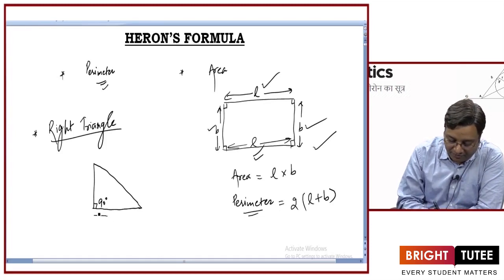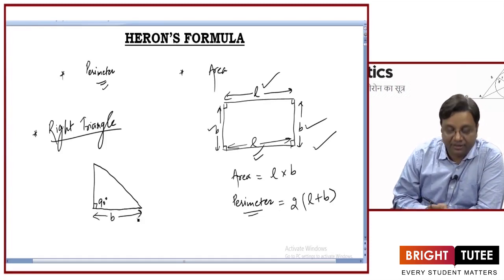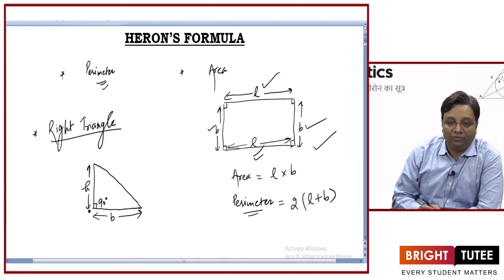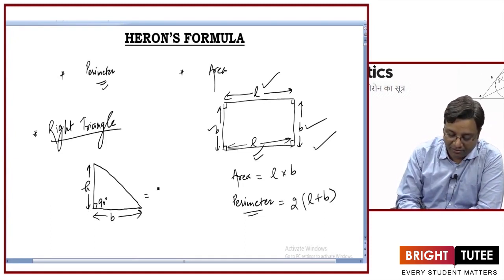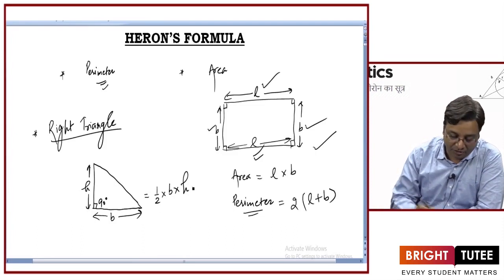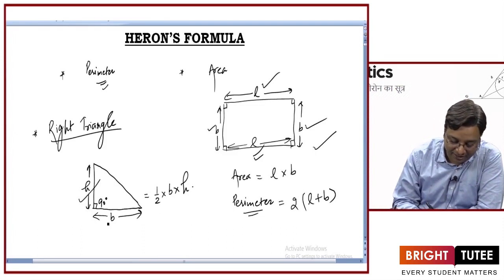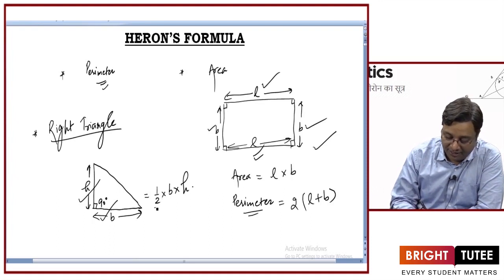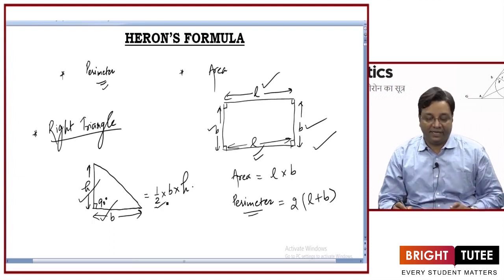Let us say this is the base B and this is our height H. So, what will be the area of this triangle? It will be half into B into H. You can directly multiply these two sides and divide by 2 to find the area.